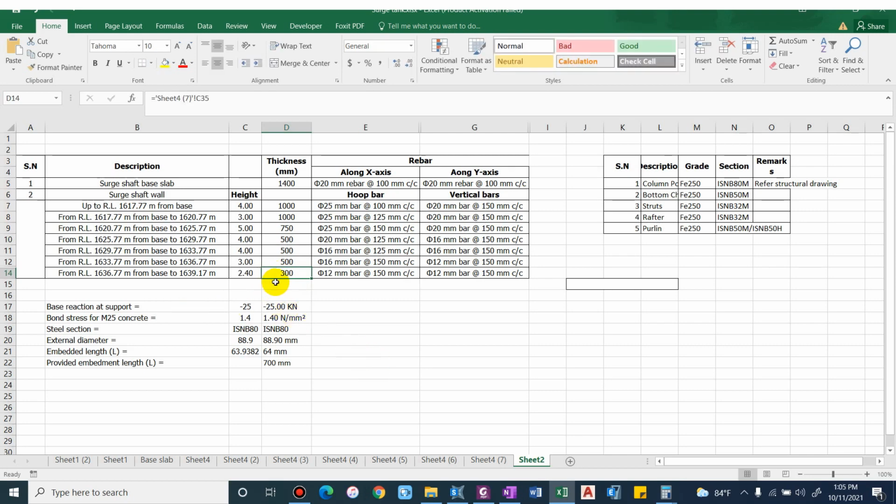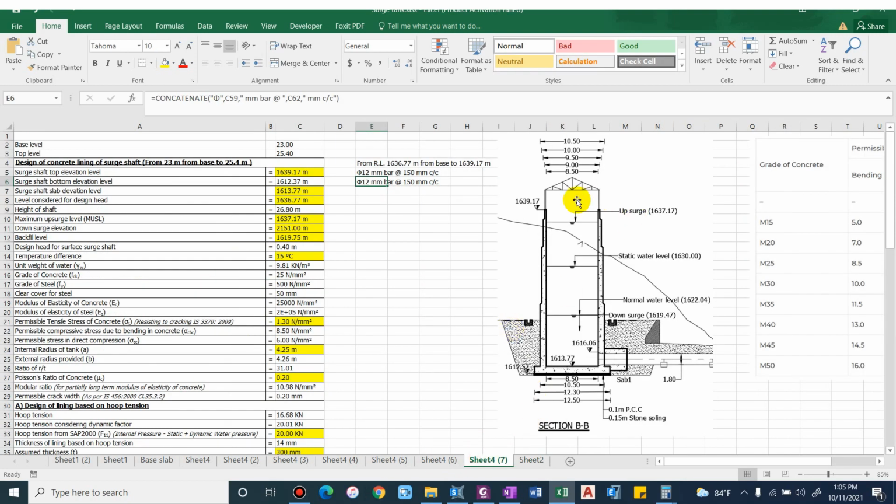At the top I have provided 300 mm, considering that it will be a two-layered structure, that is the mesh or rebar will be provided in 2 layers, so it will be easy to provide. At the top there won't be any force acting, so nominal reinforcement and sizing will be sufficient. But to ensure that nominal reinforcement, a certain depth of concrete is required, so I am providing 300 mm, so it will be easier to bend the bar at the top.